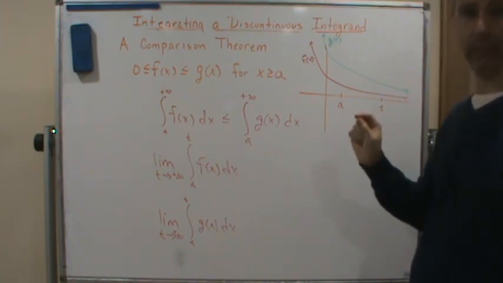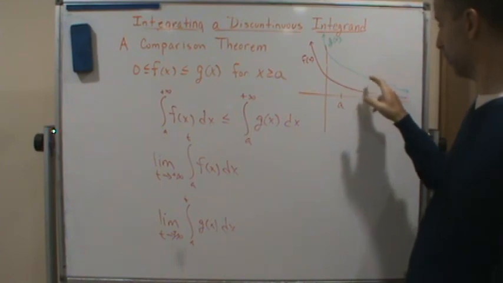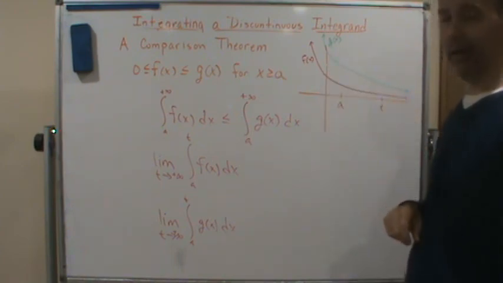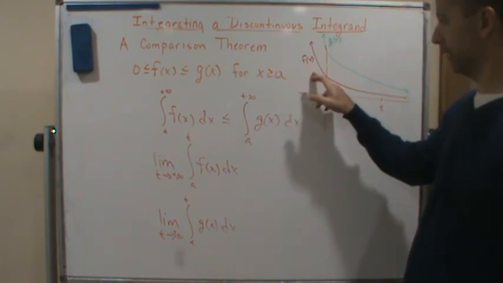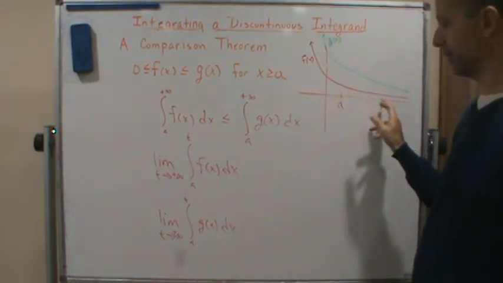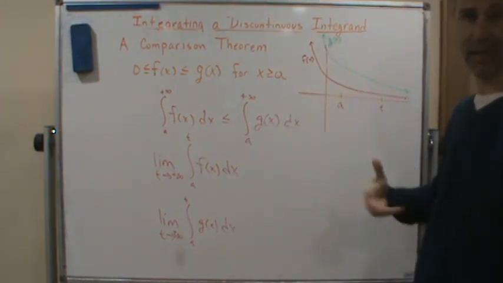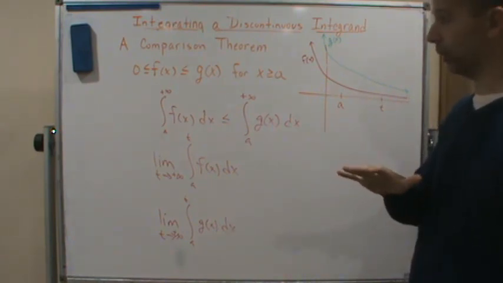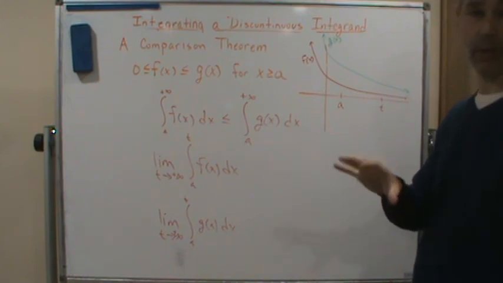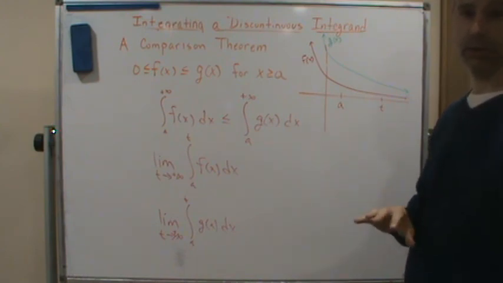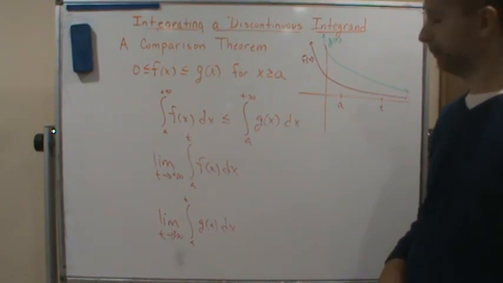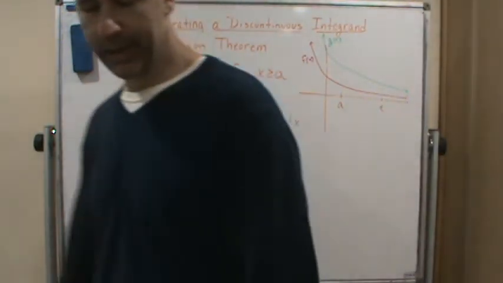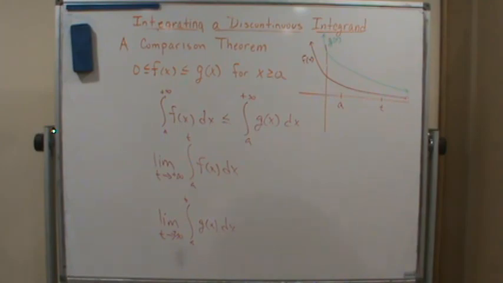We could get an upper bound from g of x if it converges, and we would be able to say the integral of f of x over the same interval would have to converge to something less than that, but that's the best we can do. So this is more used for determining whether a function diverges or converges rather than getting an actual value. In the next video I'll introduce the theorem and we'll go on.